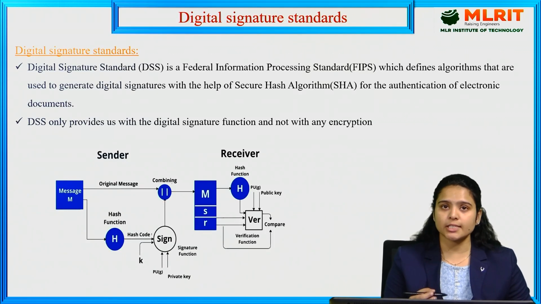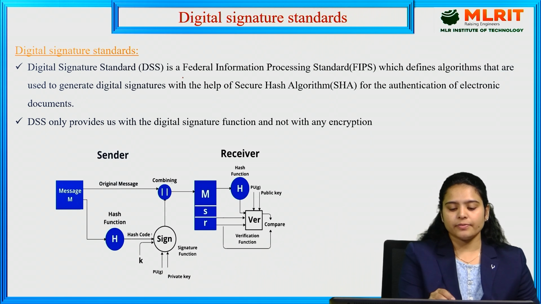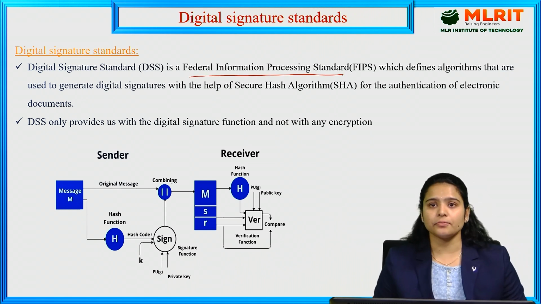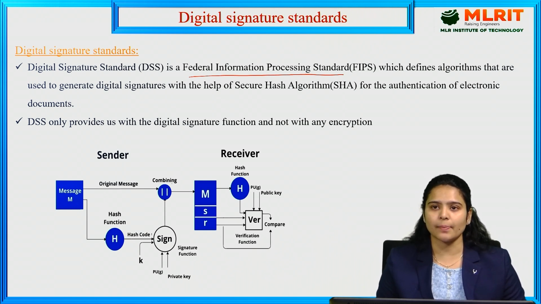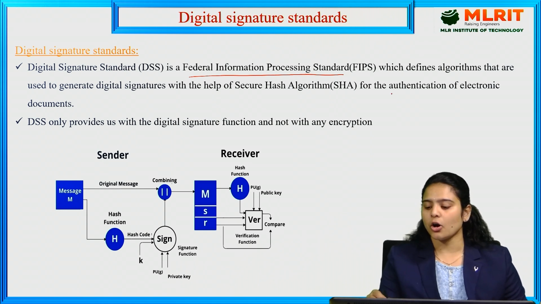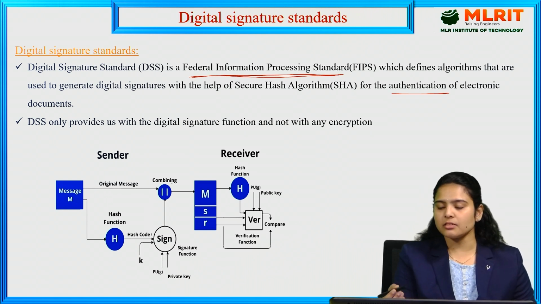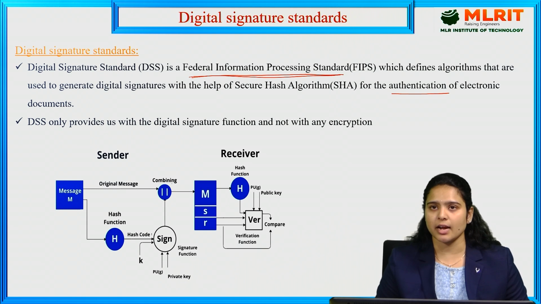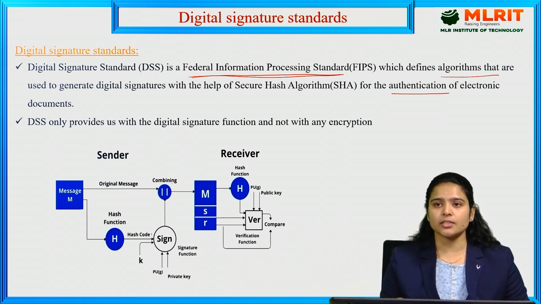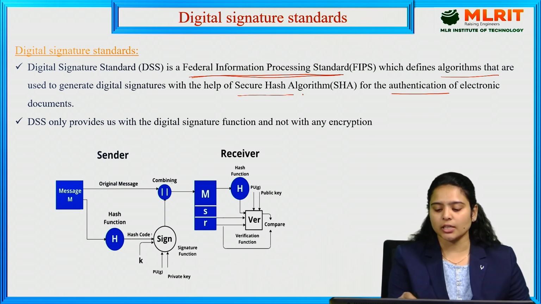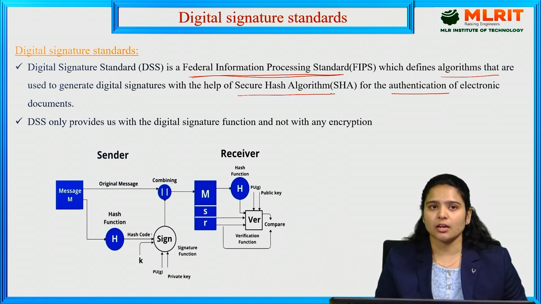Coming to the Digital Signature Standard, it is a FIPS, a Federal Information Processing Standard. It defines how to generate digital signatures with the help of SHA, the Secure Hash Algorithms, for authentication. The algorithm should generate digital signatures with the particular secure hash algorithms.